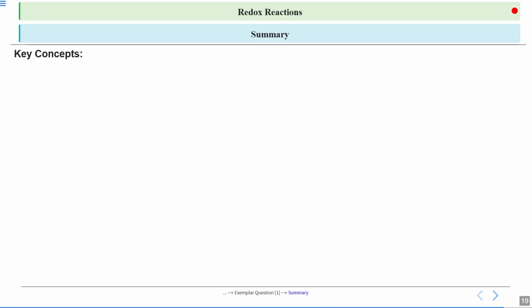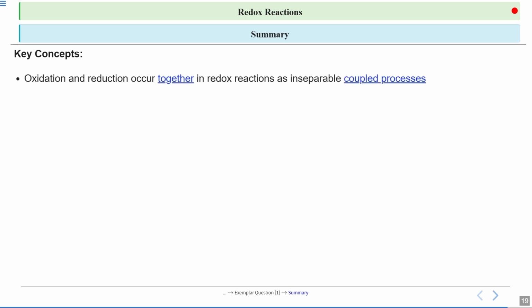Now, let's summarize all the topics that we have studied till now in a short manner. So, the key concepts for this lecture are, first of all, the redox reaction. What is a redox reaction? The oxidation and reduction occur together in redox reactions as inseparable coupled processes. What do we mean by inseparable coupled process?